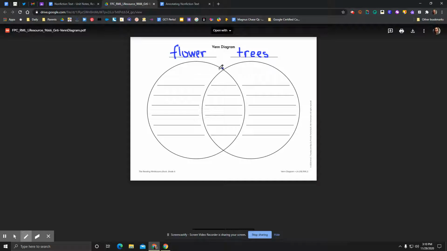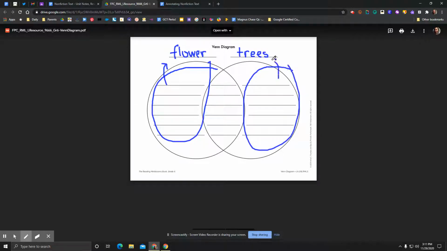So everything here would only be about my flower. That means only a flower has this characteristic. And everything over here would only be for a tree. So only a tree has this characteristic. And then everything in the middle here means both. They share the characteristics with both.